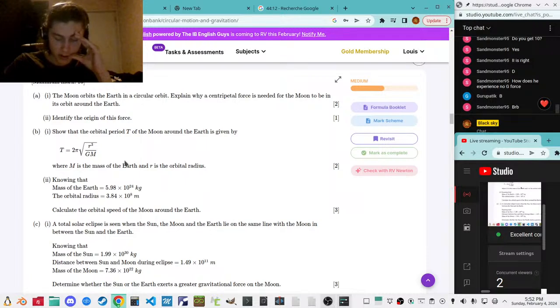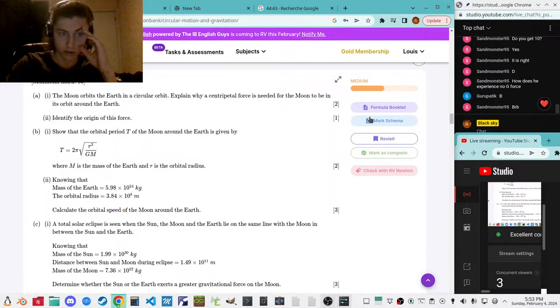The orbital period T. 2 pi divided by T is omega. Oh, that's v, and that's squared, this whole thing. Okay, so now, because it's squared divided by r, this just goes away, and we've got it, because it's squared, with the r as well, so that should work.